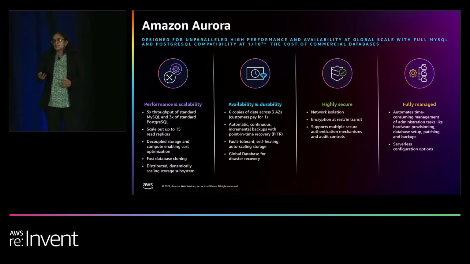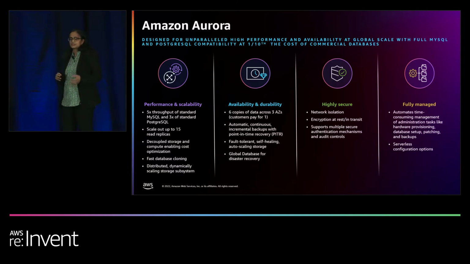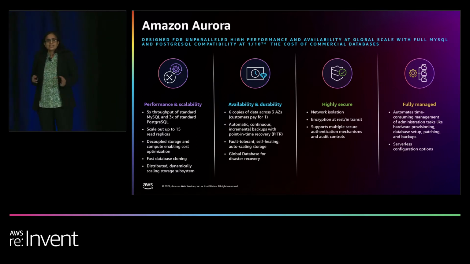It's also a fully managed service in the sense you don't have to worry about the hardware provisioning, database setup, backups, recoveries, patching, all these complex administrative tasks. Aurora provides the security, availability, reliability of the commercial databases at 1/10 of the cost of a commercial database.